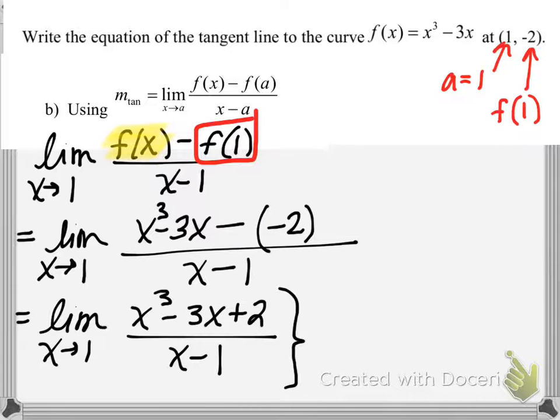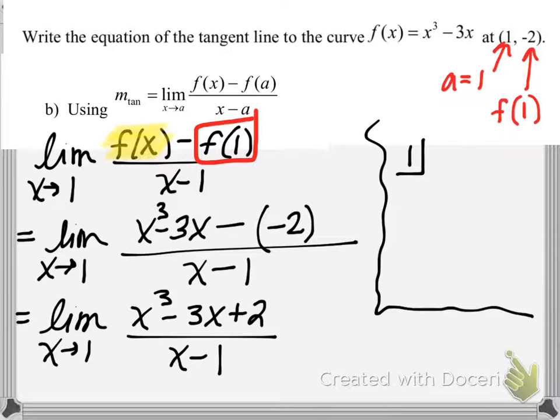So if we're dividing by the denominator, which is x minus 1, then this is going to be my side work over here off to the side. We're dividing by x minus 1, so that would put 1 in the box for our synthetic division. And then our coefficients, remember, we're using the coefficients of the numerator. This is a 1 x cubed, a negative 3 for the coefficient of x, and then the constant is positive 2.